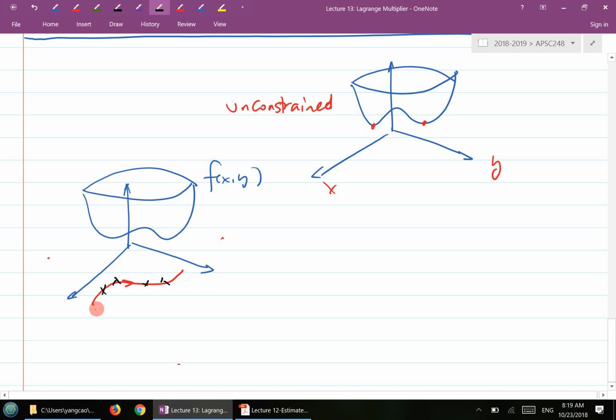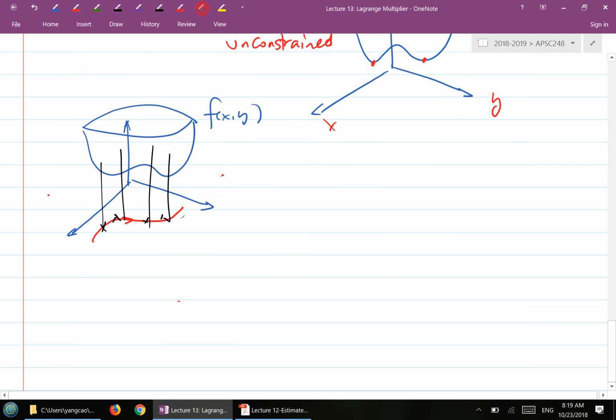So if your xy is constrained to here, as you go along this trajectory, there will be a certain value corresponding to this surface here. So the next question is, will we be able to find the minimum and maximum location as we're going along this constrained curve? So that's the second category we're going to look at today.